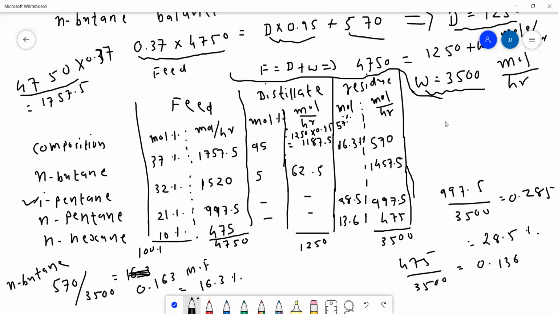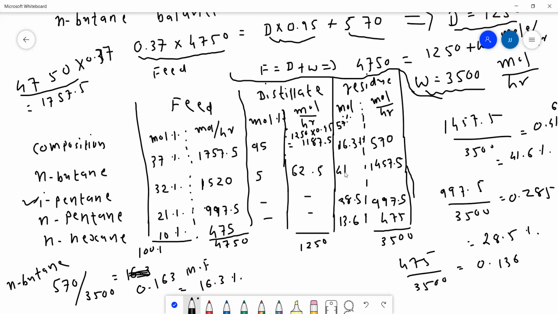So 1457.5 divided by 3500, you will get 0.416, which is equal to 41.6%.